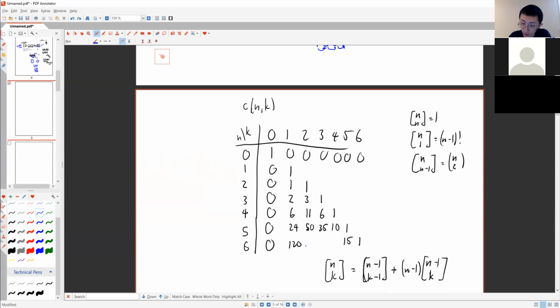So this number should be 24 plus 5 times 50. Should be 24, so 274. This number should be 50 plus 5 times 1, the 35 right above it.